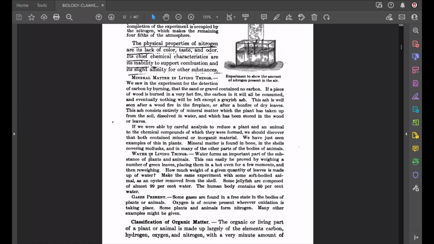So if you went out and collected some nice, bright, juicy green leaves, and brought them in and weighed them, you could get the weight of the green leaves with the water in the leaves, the way that they normally exist. If you then took those leaves and put them in the oven and heated them and dried them out, just burned all the water out of them, and then weighed them again, the difference in the weight would tell you how much water was in the green leaves.